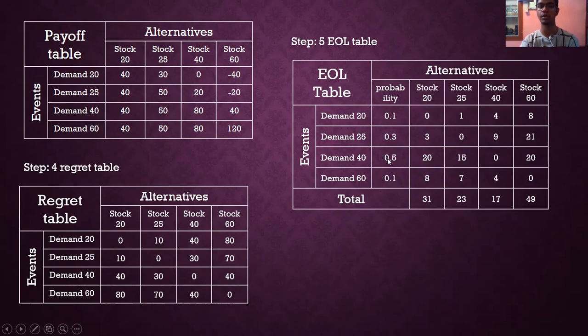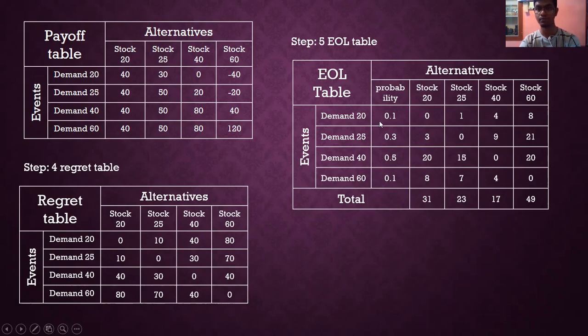These are the probabilities which we have found out in the first table with the help of the weeks which we have got in the question, number of weeks and total number of weeks. With the help of that, we got a probability for demand 20 of 0.1, for demand 25 it's 0.3, for demand 40 it's 0.5, and for demand 60 it's 0.1.